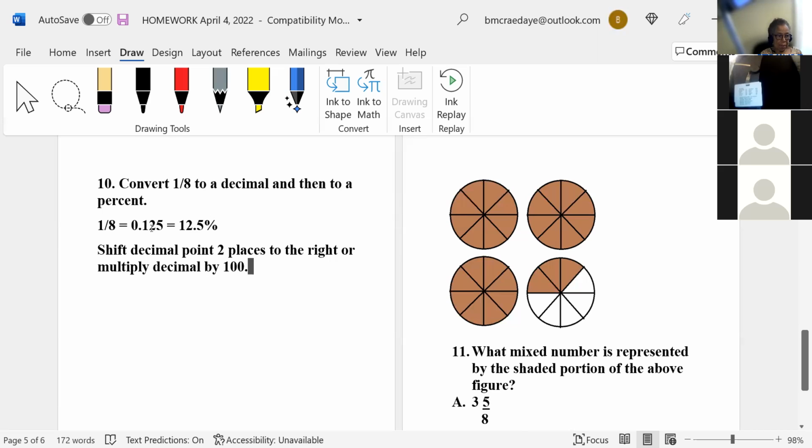So you move the decimal point two places to the right, or you multiply it by 100, and you get the same answer. Let me give you something to try.